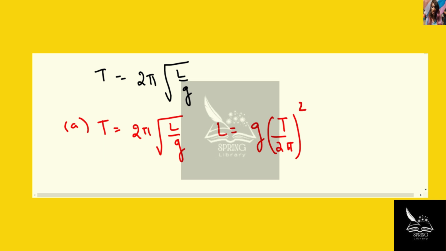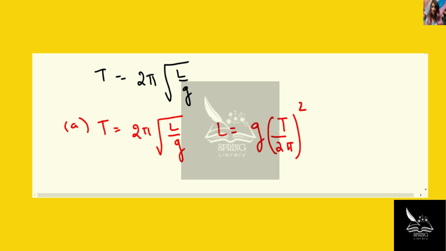So in the A part, we have to find out the time period. So 2 pi root of L by g is there, and L is given by g of T by 2 pi the whole square.